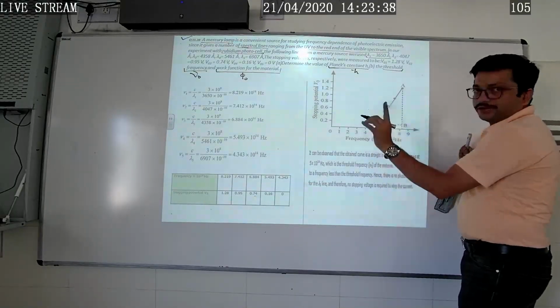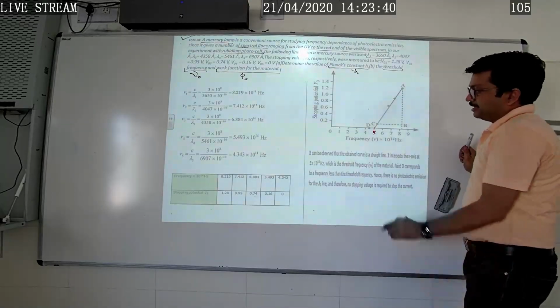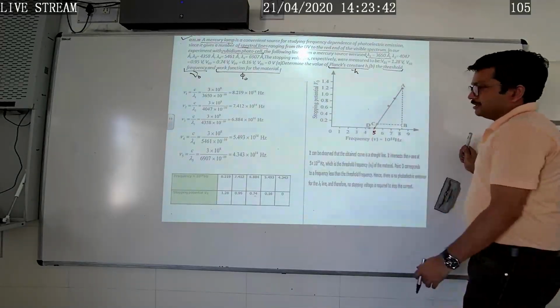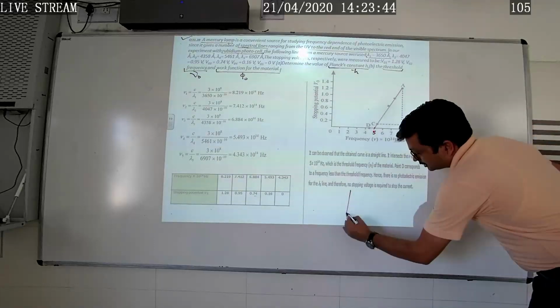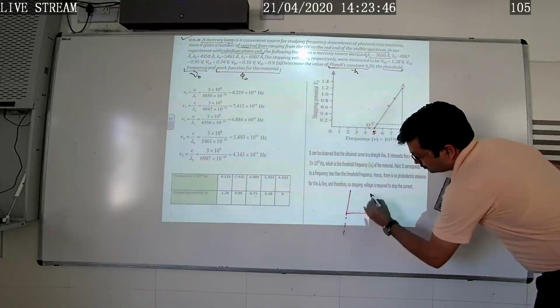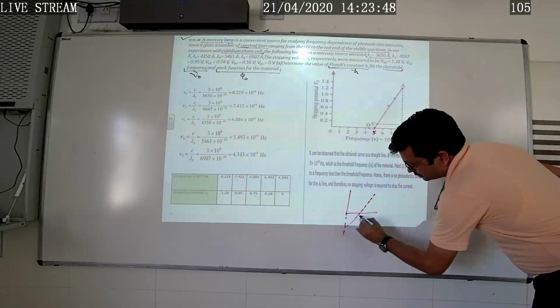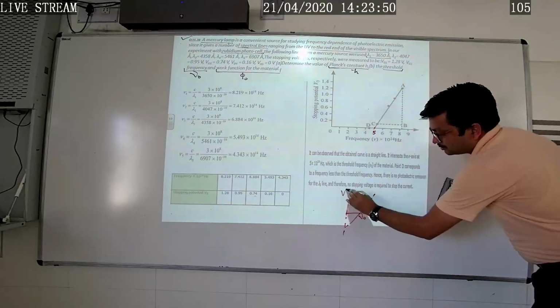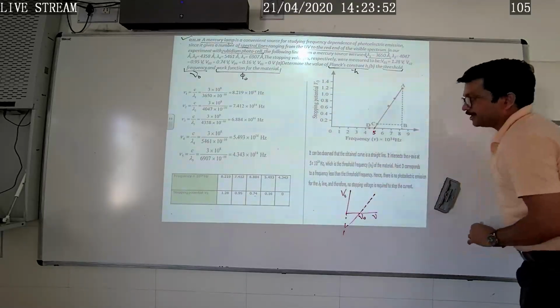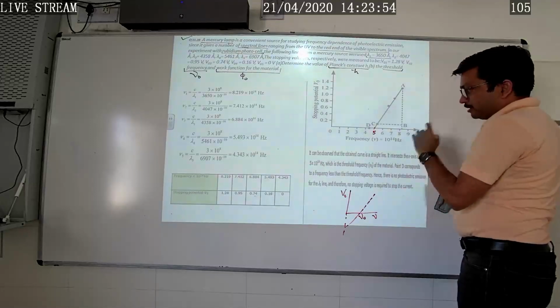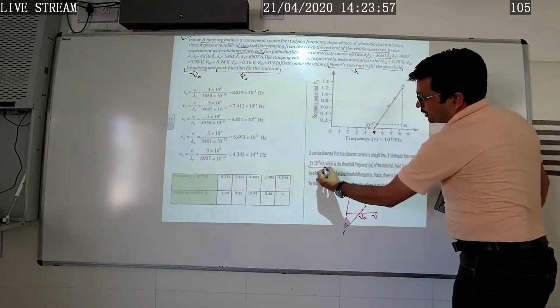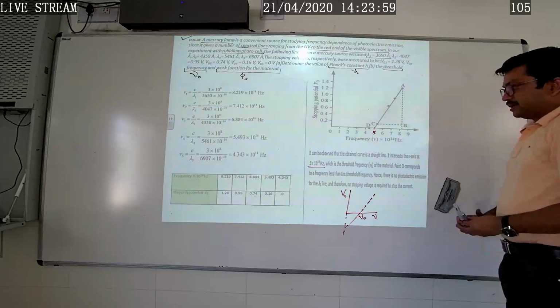This is called the threshold frequency, because according to R. A. Millikan, the graph he plotted was like this. So we got the threshold frequency as 5 into 10 to the power 14 hertz.